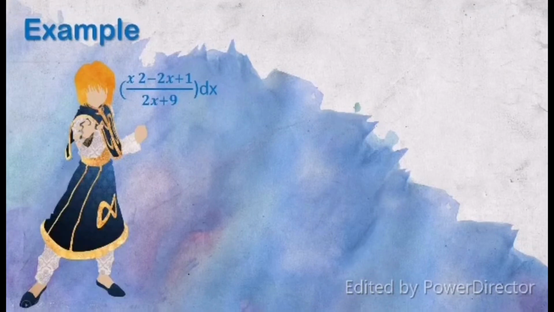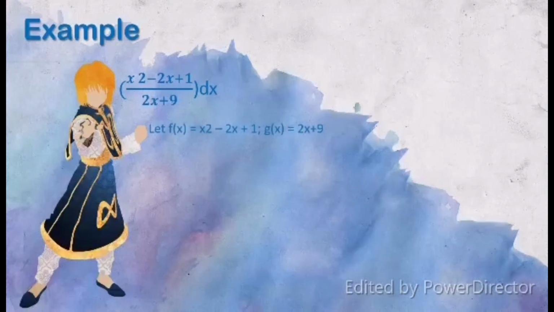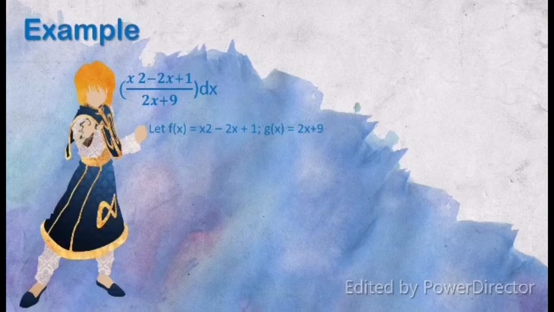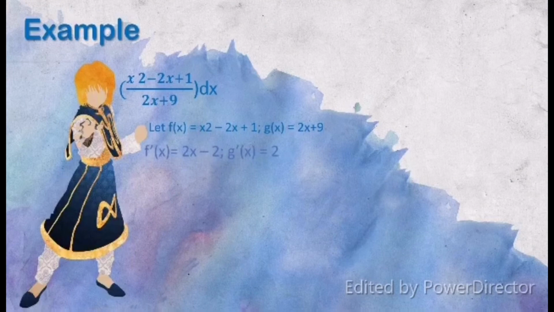First, what you want to do here is let f(x) be x squared minus 2x plus 1 and g(x) be equal to 2x plus 9. Then after you do that, you're just going to need to find the derivatives of those two. So f prime of x is equal to 2x minus 2 and g prime of x is equal to 2. After you do that, you use the formula.